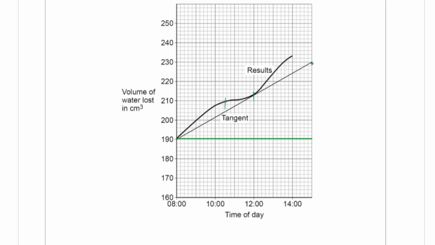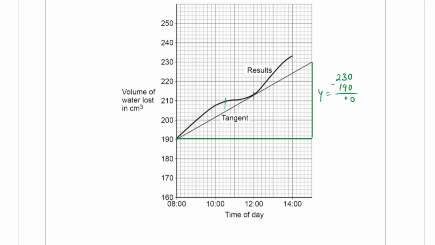Need that line to be straight. So the y value is 230 minus 190.